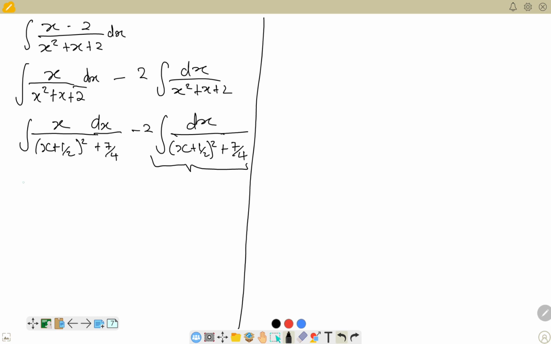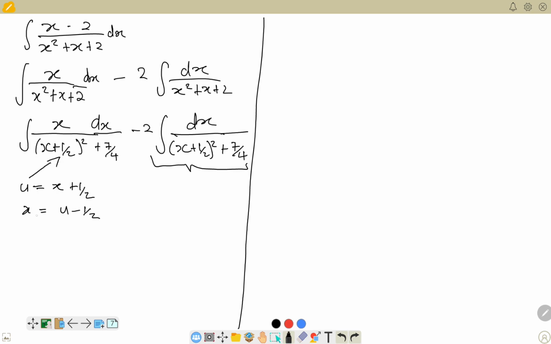If we say that u is equal to x plus 1 over 2. So I let the u be equal to that only on the first term. Then before I continue, I will see that if I solve for x, it will be actually equal to u minus half.